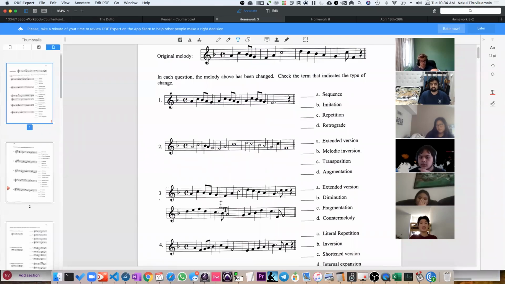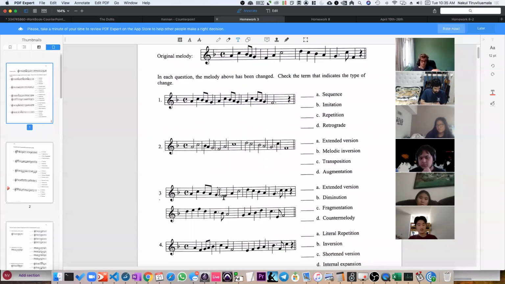Just so I don't stub my toe on this one, I'm going to look at the answer to make sure the answer I'm getting is correct. Let's consider counter melody. Is it a counter melody? Probably not, because there's not more than one melody happening at the same time, so it can't be a counter melody.